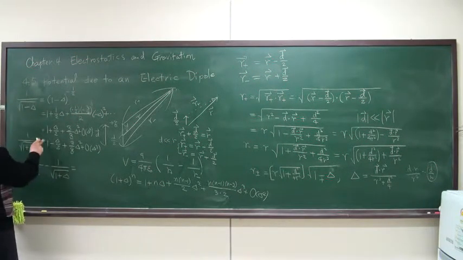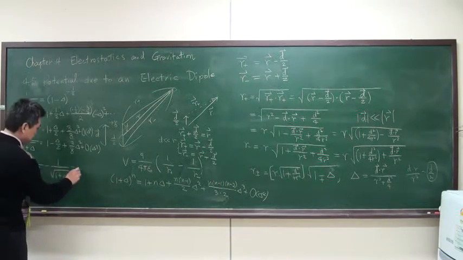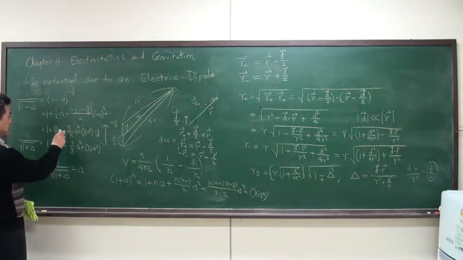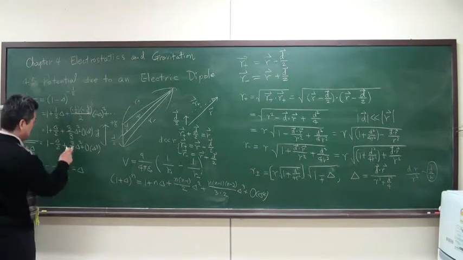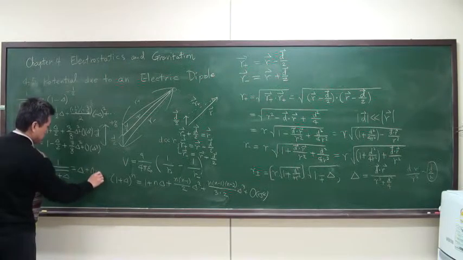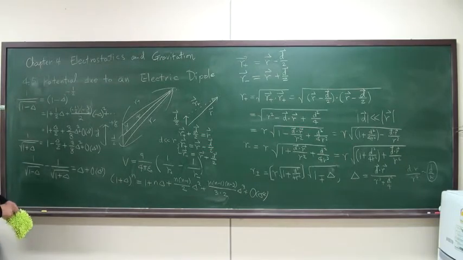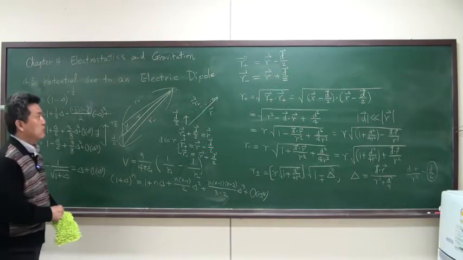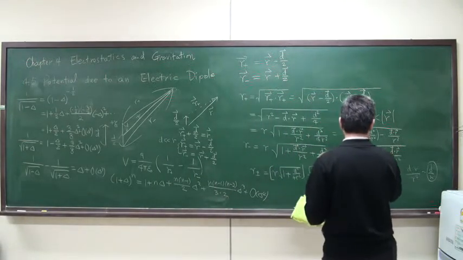The leading contribution vanishes, and this guy is delta, and this contribution also vanishes. So it vanishes plus order delta cubed. That is a small quantity.